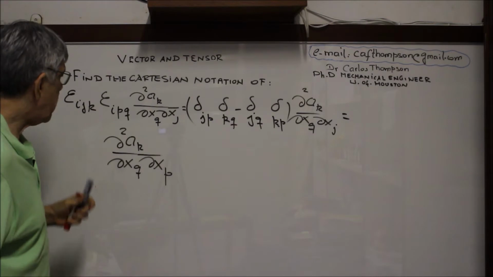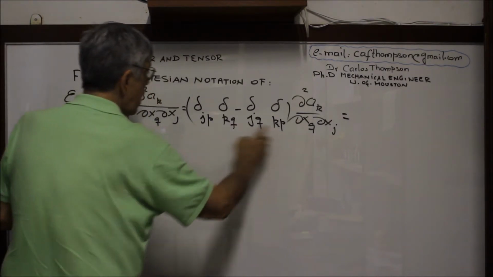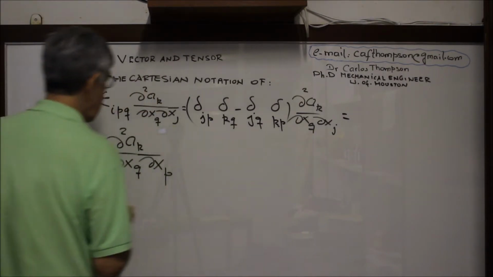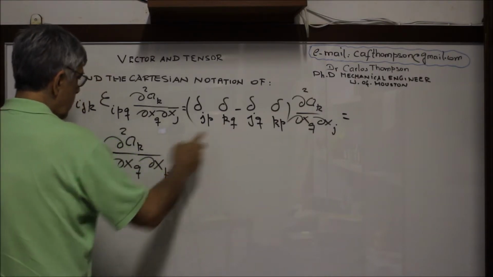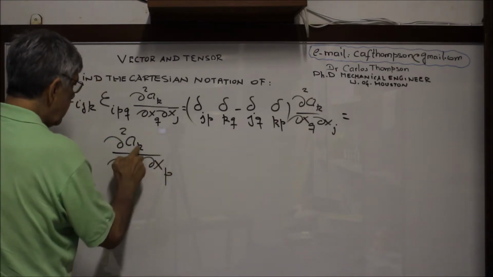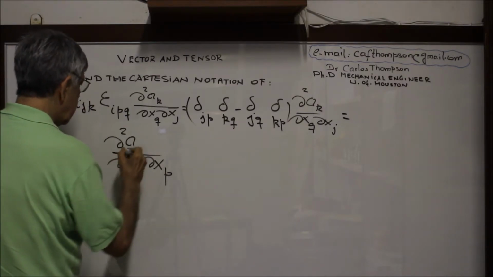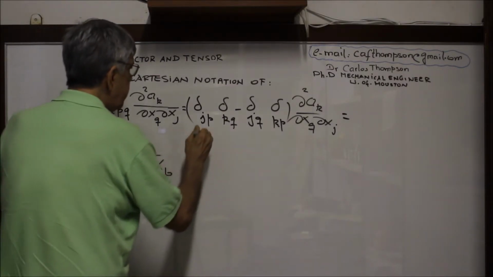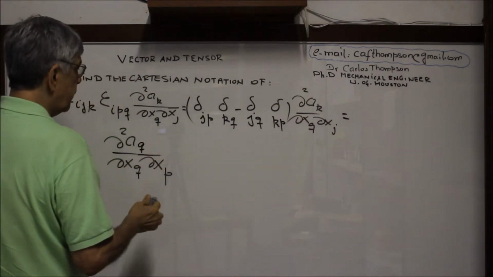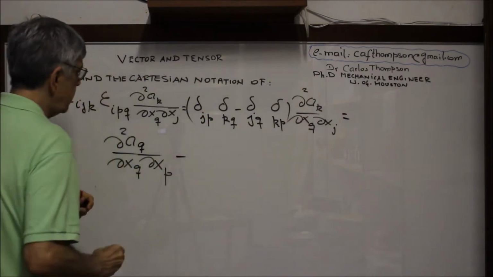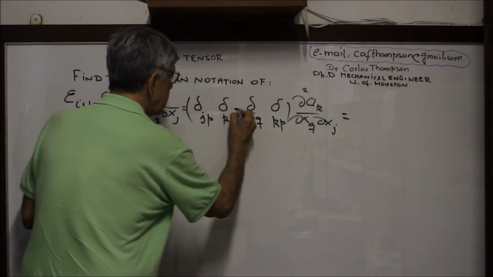Now, I applied this here, now this here. Now, you see, delta kq. I just put, let's put k over here. Because kq, remove k and put q. Now it will be the minus sign. See this minus here.